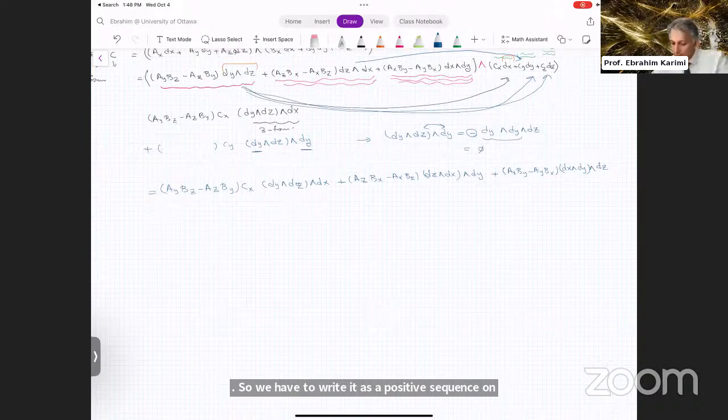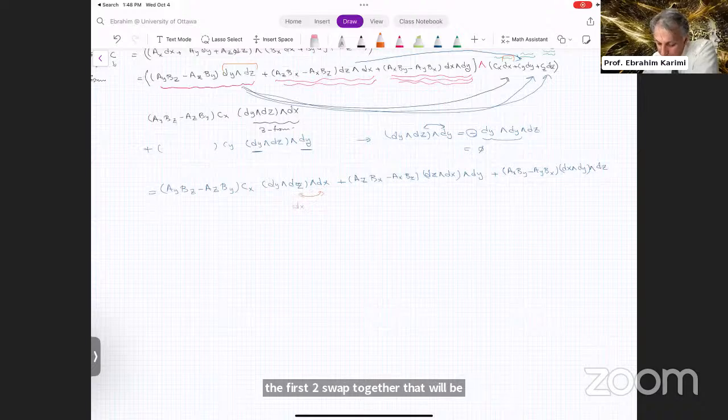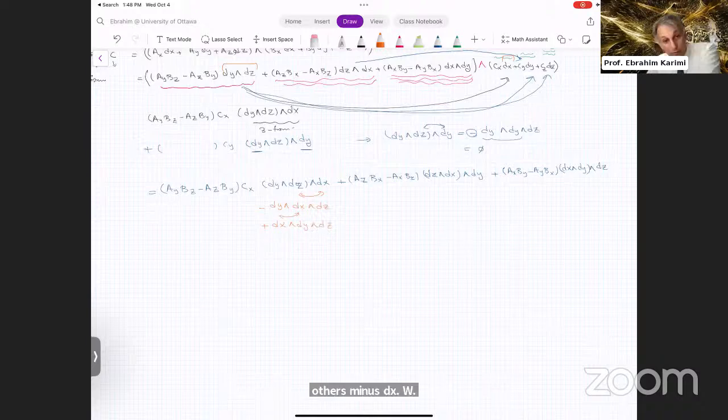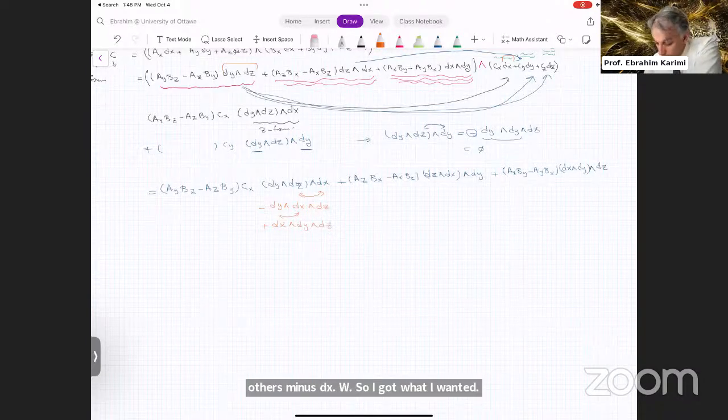These can be written as, the first two swapped together, that will be dx wedge dy wedge dz with a negative sign. Then I will swap these two together, I will get minus, in other words minus dx wedge dy wedge dz. So I got what I wanted. So it's identical to this.